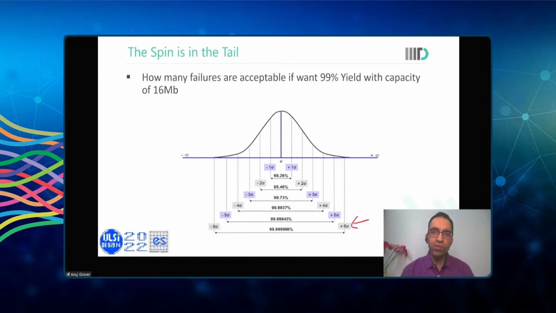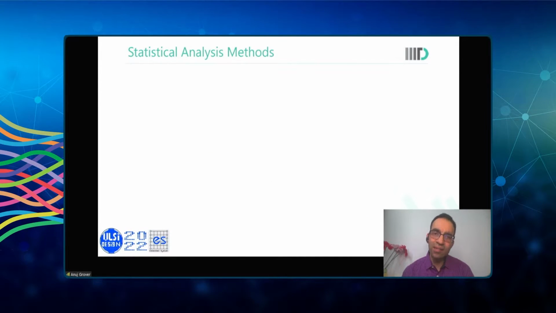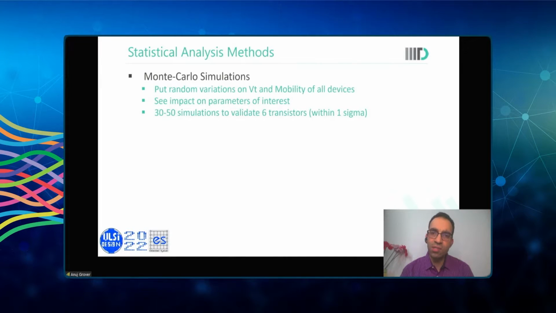If you want to verify any memory circuit for plus minus 6 sigma of variations, how would you verify it? The typical statistical analysis methods involve Monte Carlo simulations. If you put random variations on, say, VT and mobility of all the devices and see the impact on parameters of interest, for example, noise margin or writability, you need 30 to 60 simulations to validate within 1 sigma.